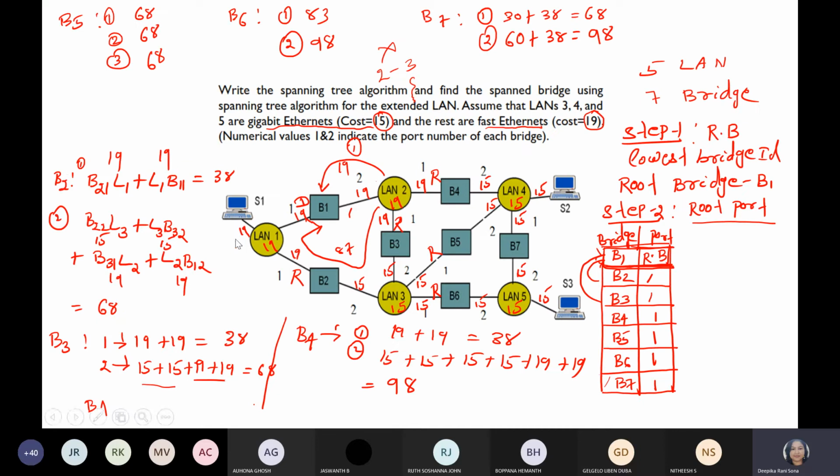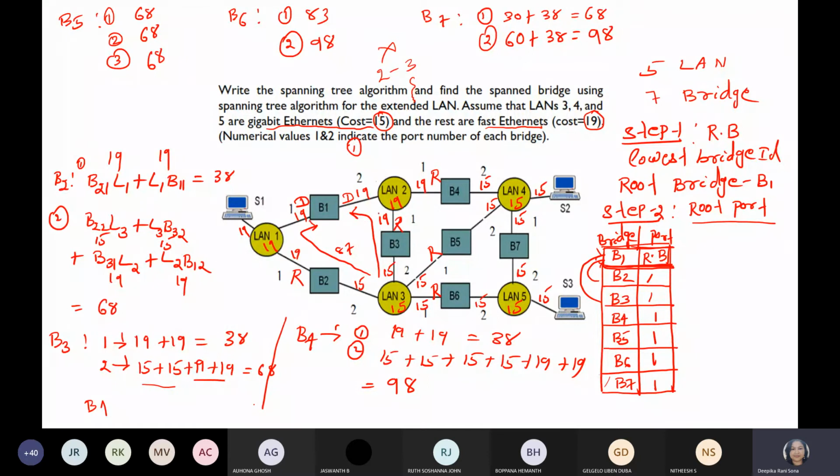Then LAN 3. You calculate and tell me quickly. We have to write for LAN 3. Okay, this is the designated bridge and port for LAN 2. Then for LAN 3, this is one possible path and here is another possible path.